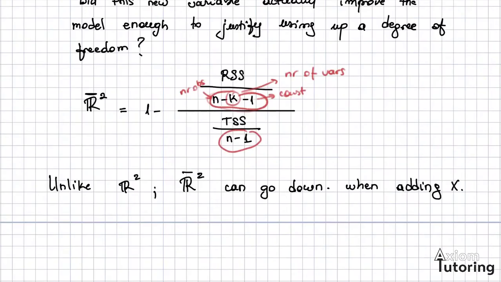This variable is only adding noise, not a signal of what is happening between the variables. Usually the R squared and adjusted R squared, be that in Stata or in R, are right next to each other. This is because they answer closely related, although not identical, questions, and it's good to have both side by side so that you have an idea of what is happening with your model.